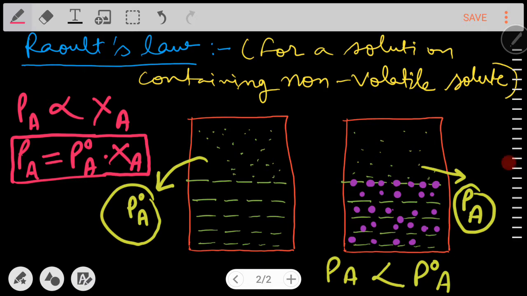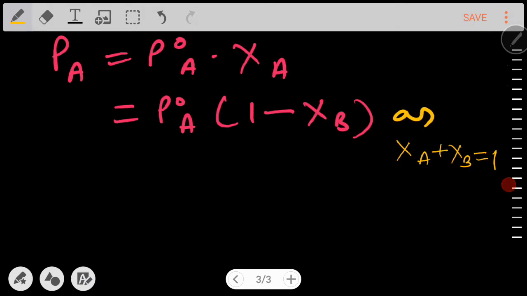For a solution containing only two components, one is A that is solvent, another is B that is solute, we can write the value of XA as 1 minus XB. When I put this value of XA in this equation, we can derive another formula for Raoult's law. See at the next page. Now, multiply P naught A into the bracket.